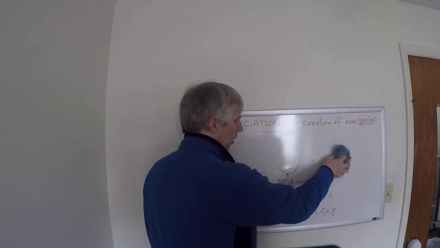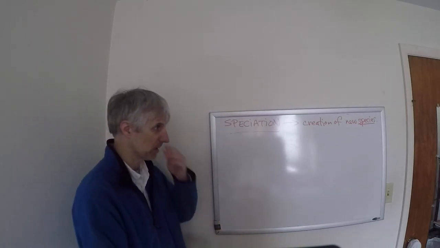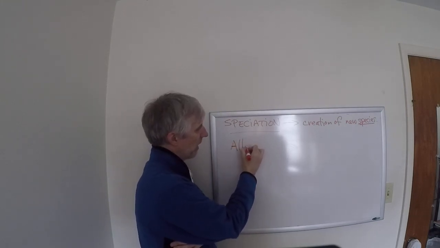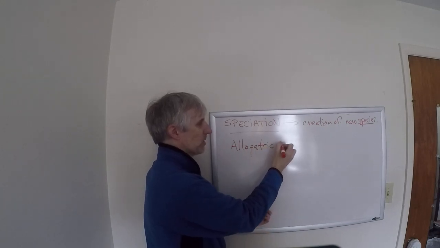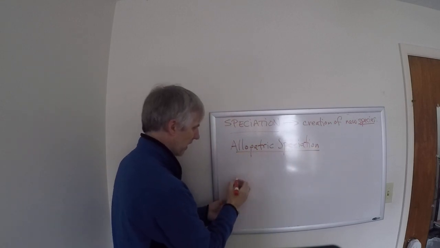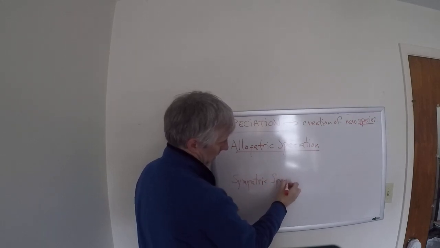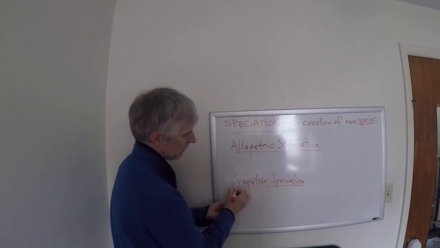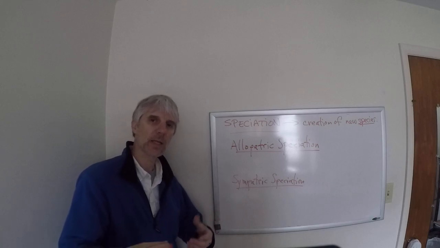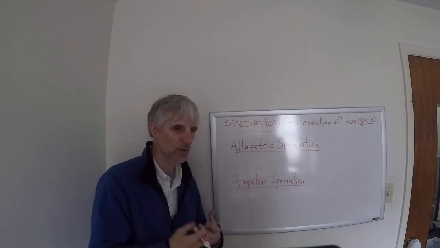So currently we recognize two main groupings of processes that allow for the creation of new species. One is referred to as allopatric speciation, and the other one is called sympatric speciation. Okay? Now, the patric in here, think patriot, patricide, right? It refers to like father or nation or country or location.